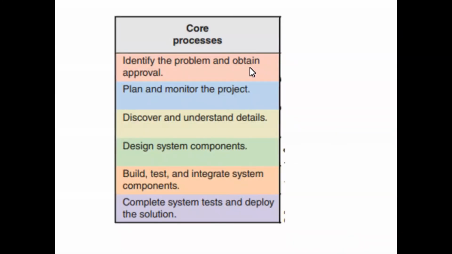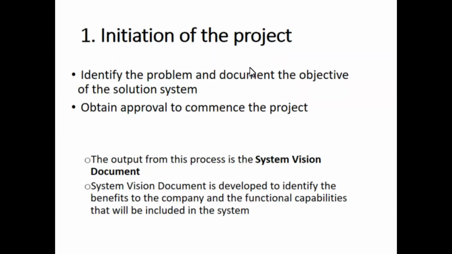All right, so now let's jump into the first phase, which is the project initiation phase. Here we identify the problem and document the objectives of the solution system, which is the new system. After that, it is about obtaining approval to begin the actual project.